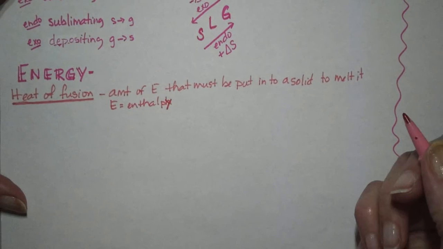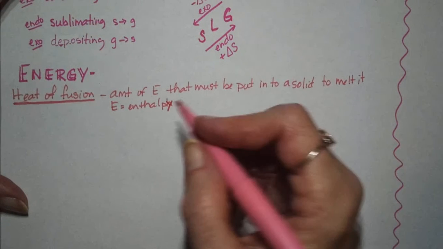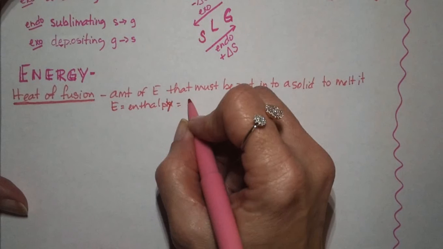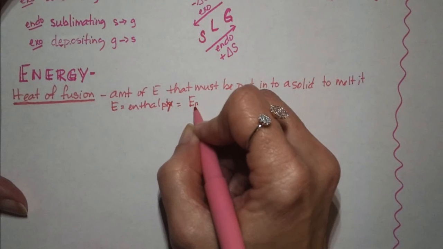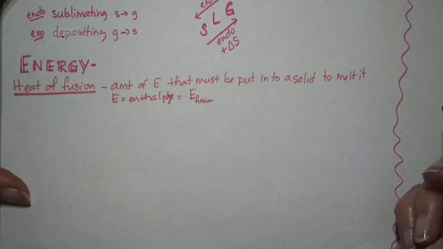Enthalpy is a specific type of energy. So a lot of times what they call heat of fusion is E with fusion spelled out right here. Enthalpy of fusion, heat of fusion, energy of fusion. How much energy do you have to put into it to get it to melt?